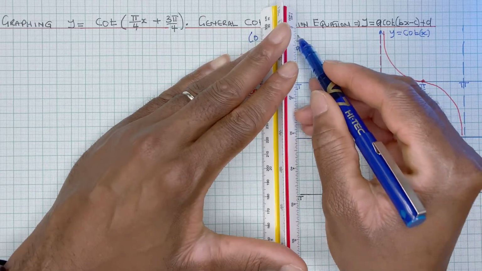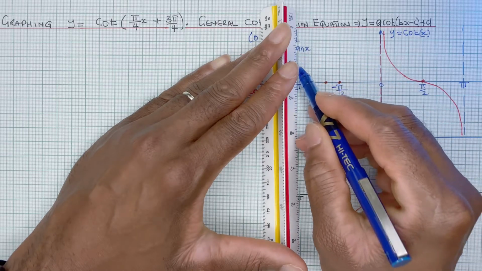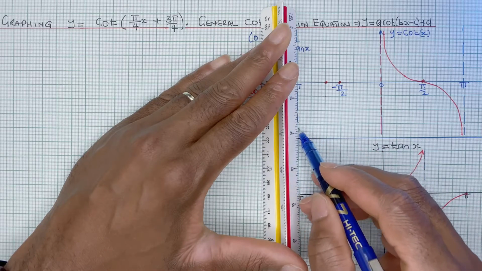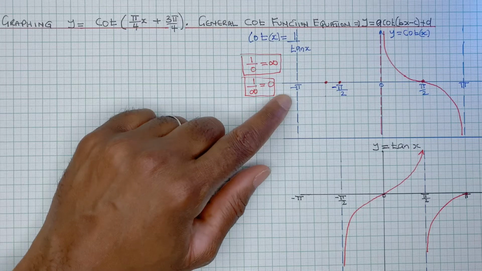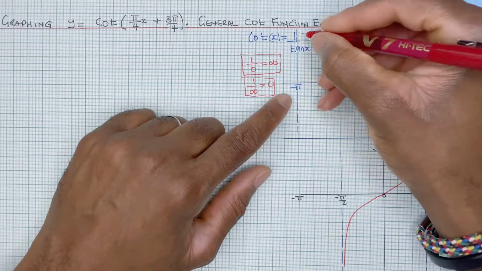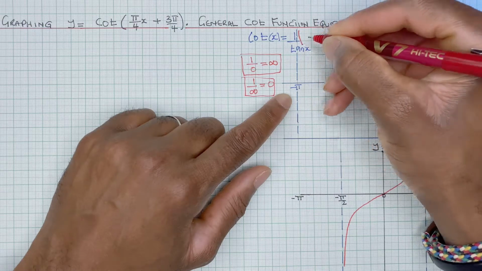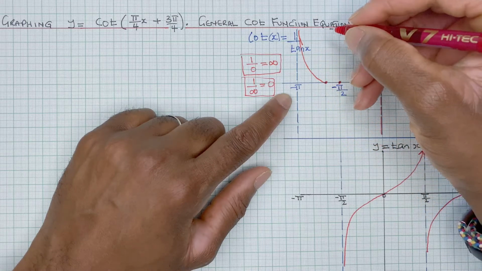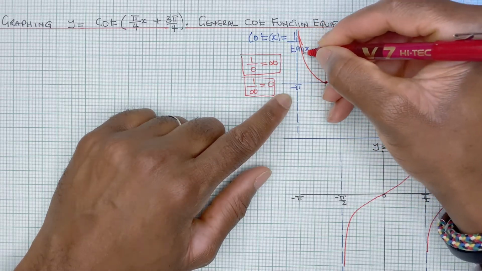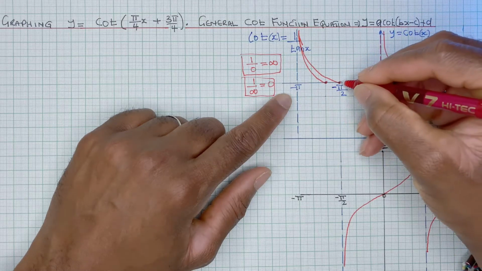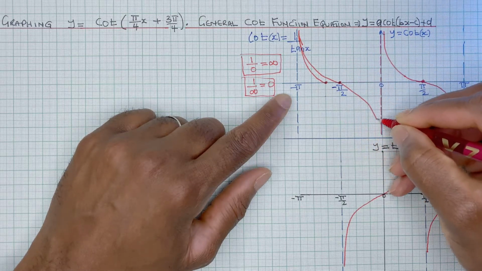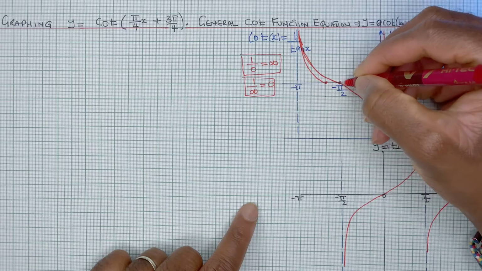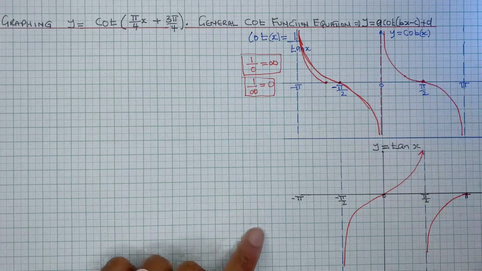Just draw that. So that's the line of asymptote there, which means the curve will be coming from here again for cotangent, all the way to there, and then goes all the way to negative infinity.